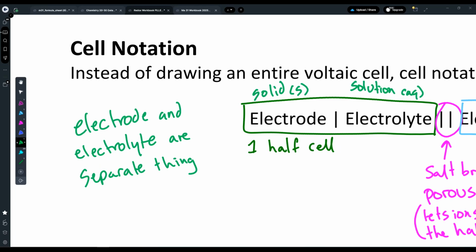The line is there because the electrode and electrolyte are separate things, but the electrode is placed in the electrolyte.